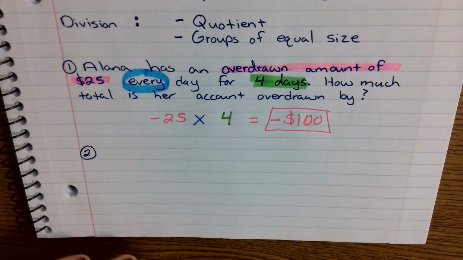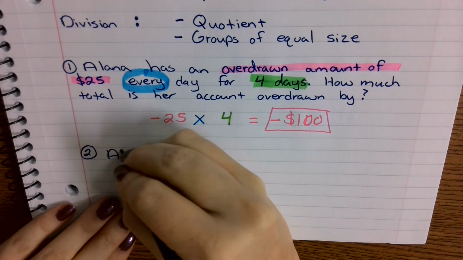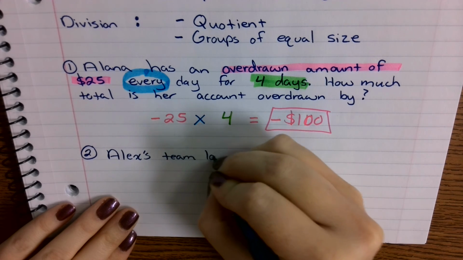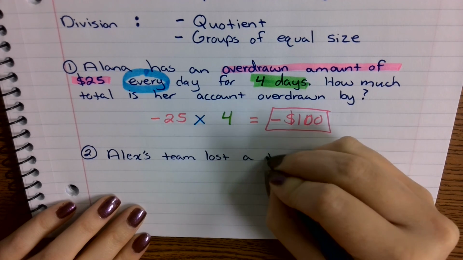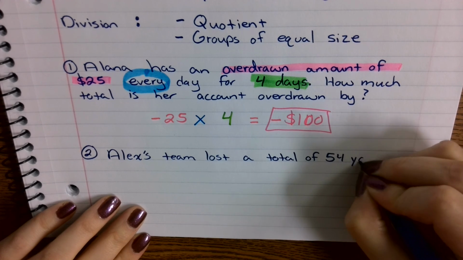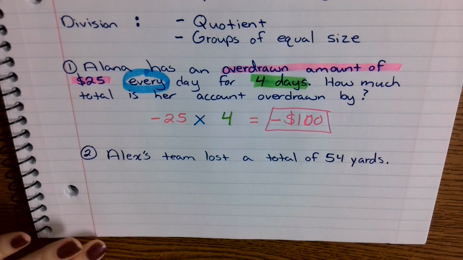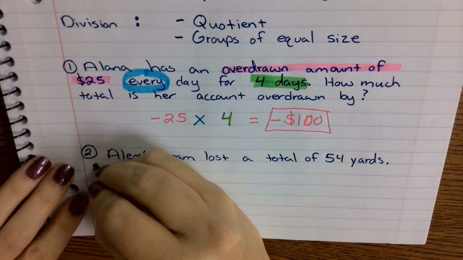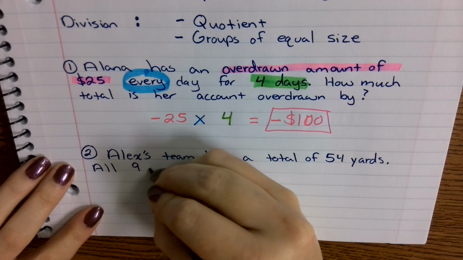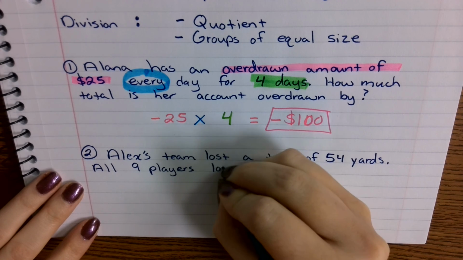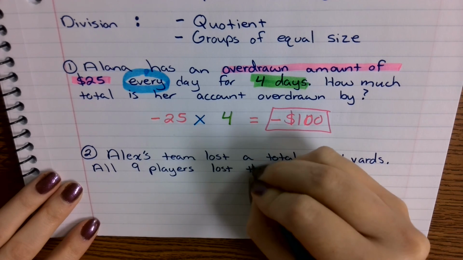All right. Number 2. Alex's team lost a total of 54 yards. So we'll say they're playing the first quarter. First quarter they lost 54 yards. And we'll say all 9 players lost the same amount.